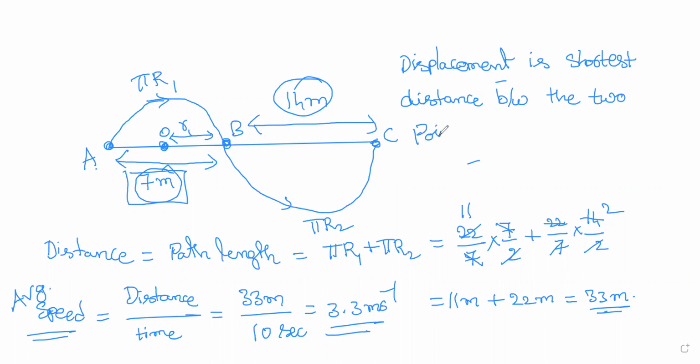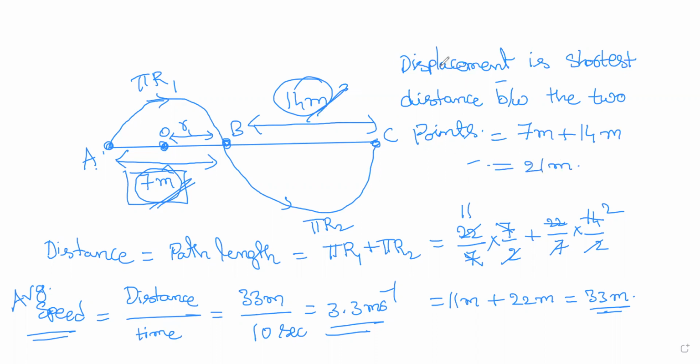So what is the shortest distance from A to B? The shortest distance is the straight line. So that is 7 meters here and then 14 meters. So you have displacement 7 meter plus 14 meter, that happens to be 21 meters.